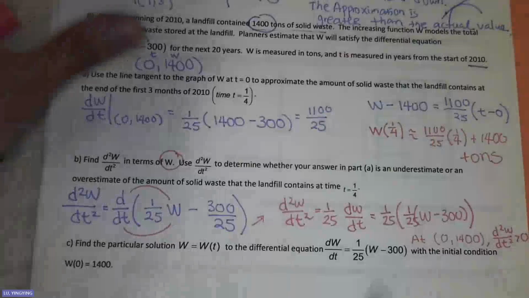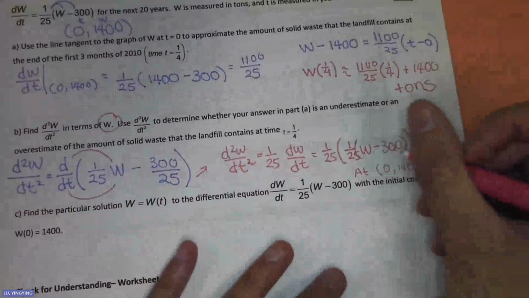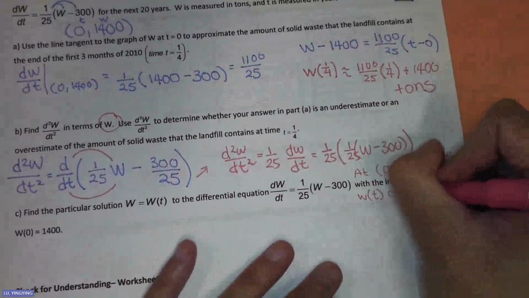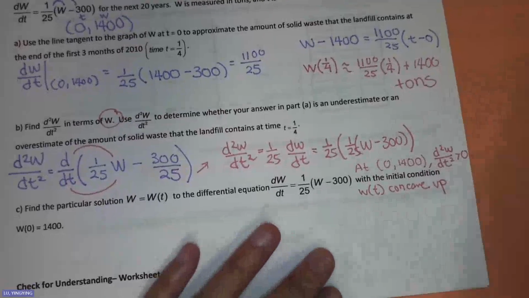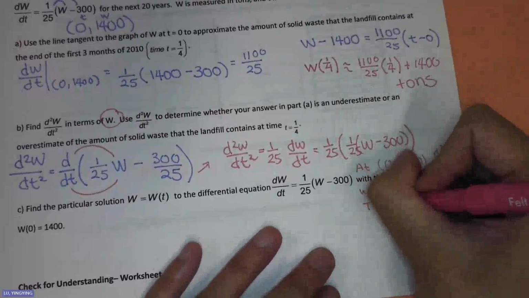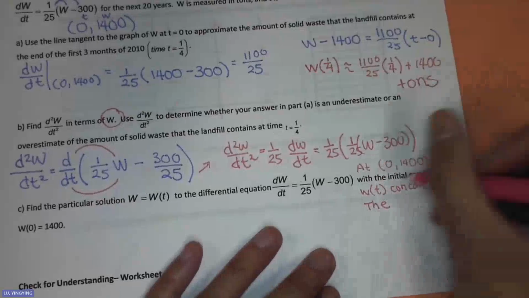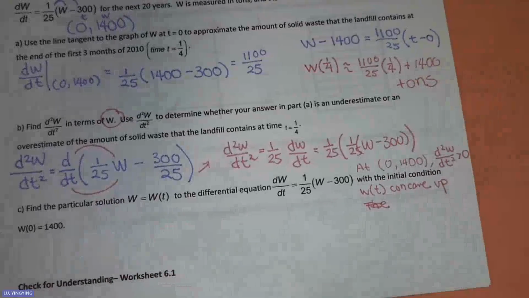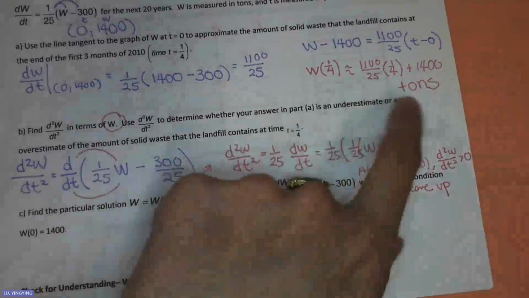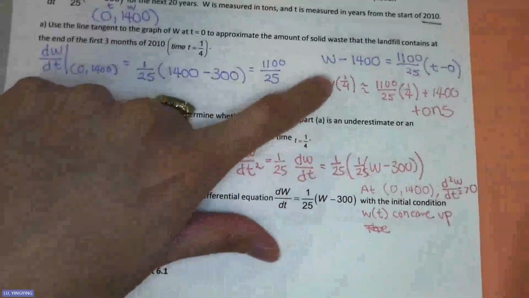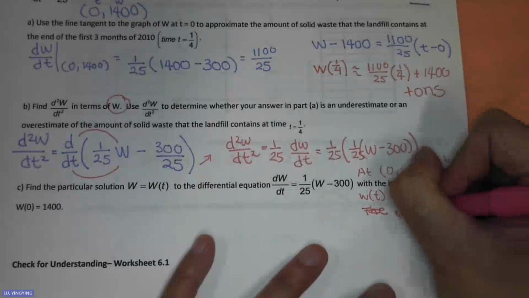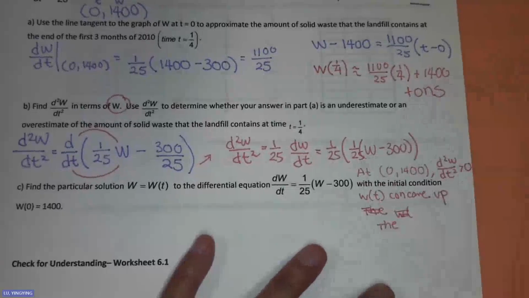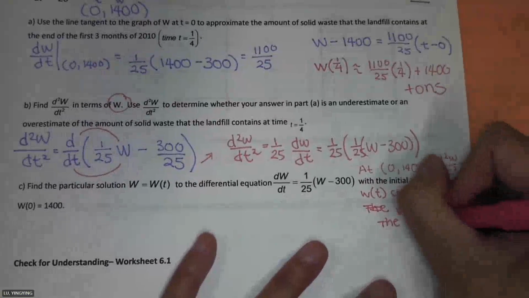Okay, you can finish the rest. So W of t is concave up, which means the approximation. Wait, I don't even do the approximation, but you can do that yourself. The approximation we did in part A, the W of 1/4, that's the approximation is under. Wait, concave up is under. Yeah.